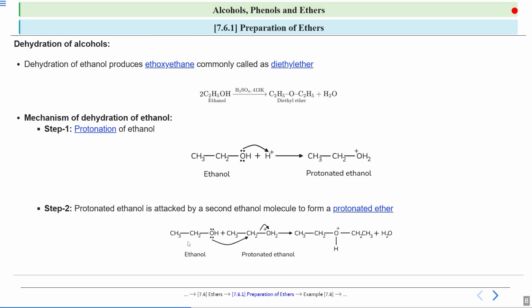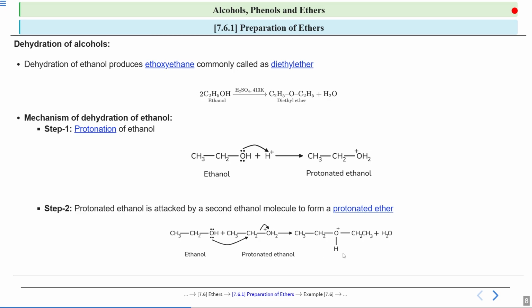Now see, we have another ethanol molecule. On this ethanol, the oxygen has electron density to donate. So this will act as your nucleophile. Your oxygen will attack on this carbon and this OH2 will leave. So see, this oxygen has attached to this carbon and this OH2 group has left.